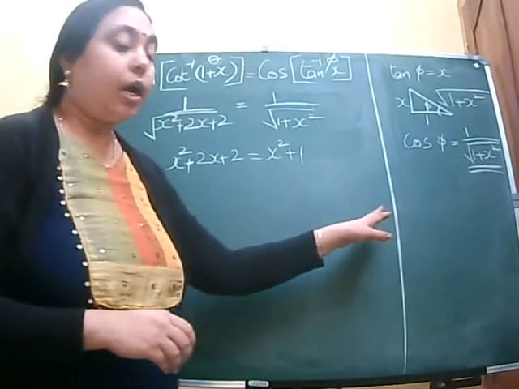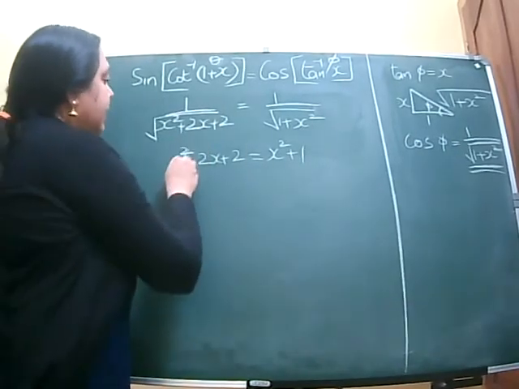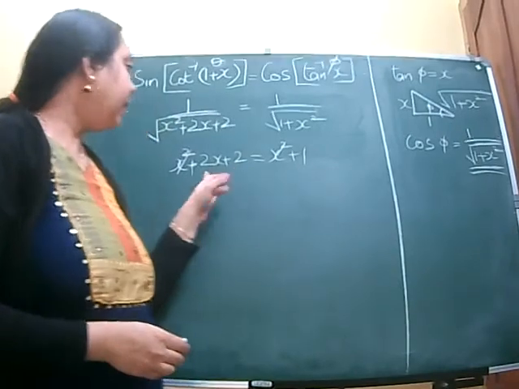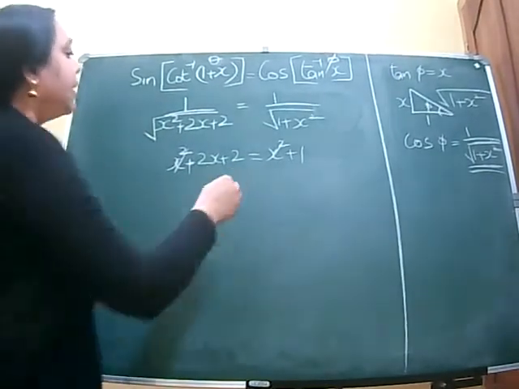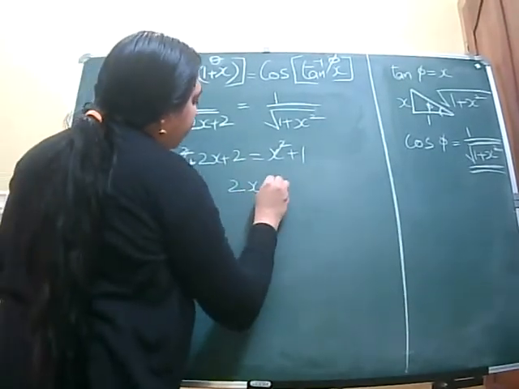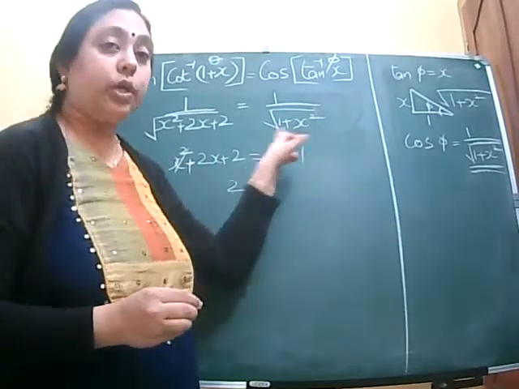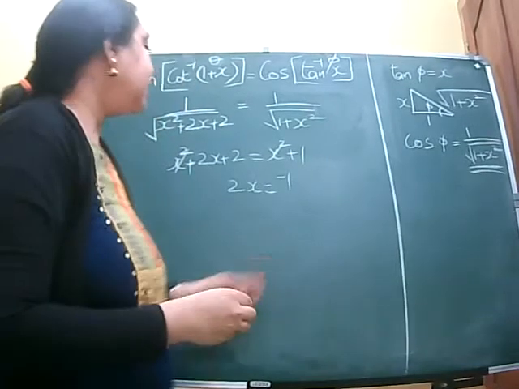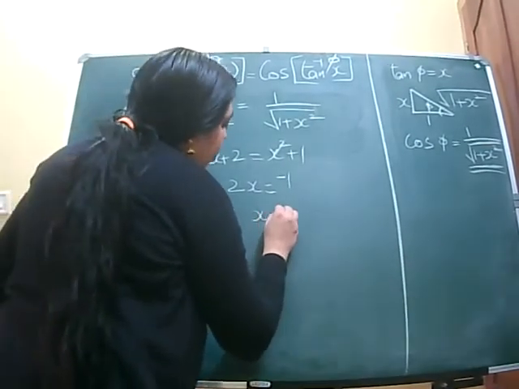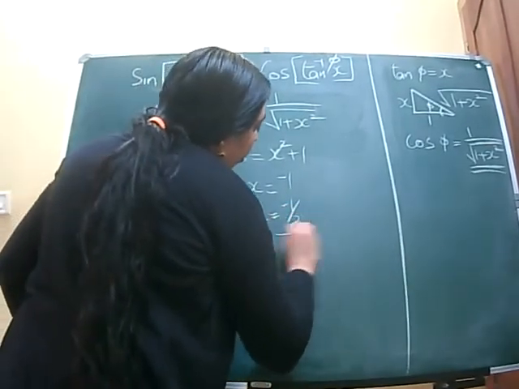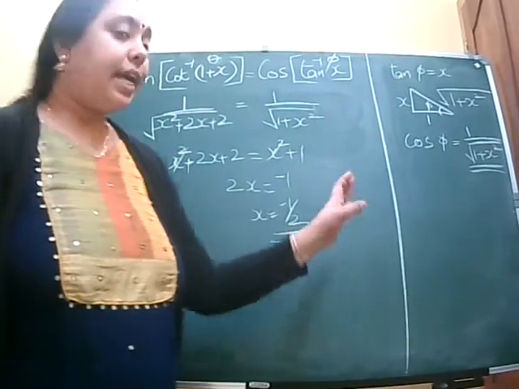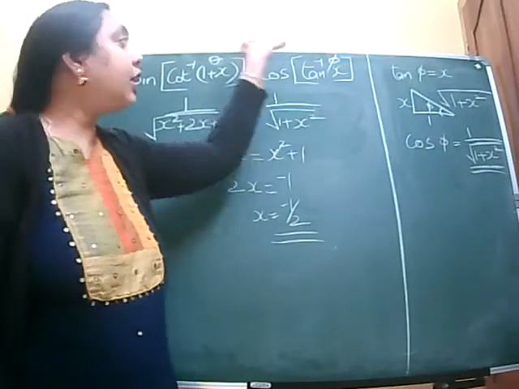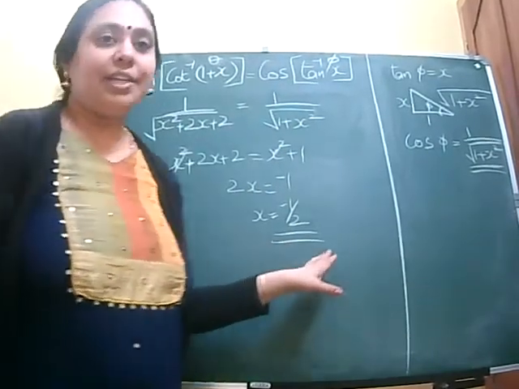Now on both sides x square gets cancelled. Then we get 2x is equal to 1 minus 2, that is minus 1. Then we get x is equal to minus half. That is, the value of x satisfying this equation is minus half.